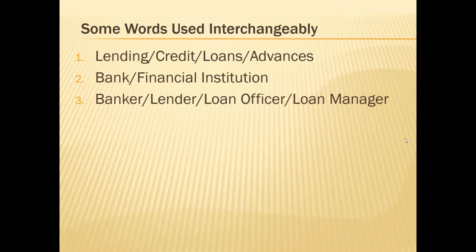Normally, financial institution is the go-to word nowadays, or you'll see the abbreviation FI. The third is banker, lender, loan officer, loan manager. And there are some other names various banks give. But I think one of the more common ones used nowadays is lender.